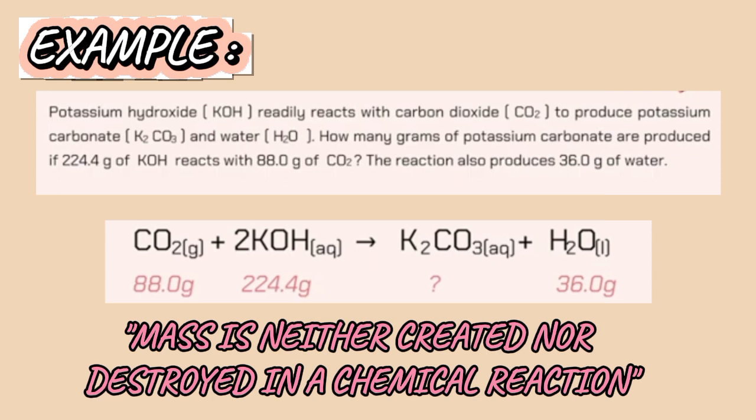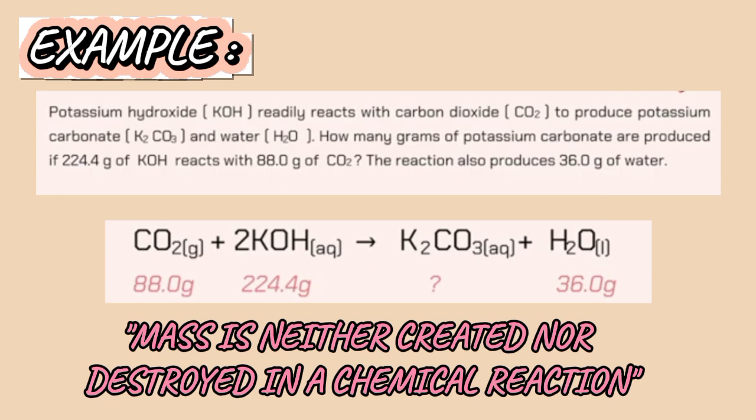How many grams of potassium carbonate are produced if 224.4 grams of potassium hydroxide reacts with 88.0 grams of carbon dioxide? The reaction also produces 36 grams of water.